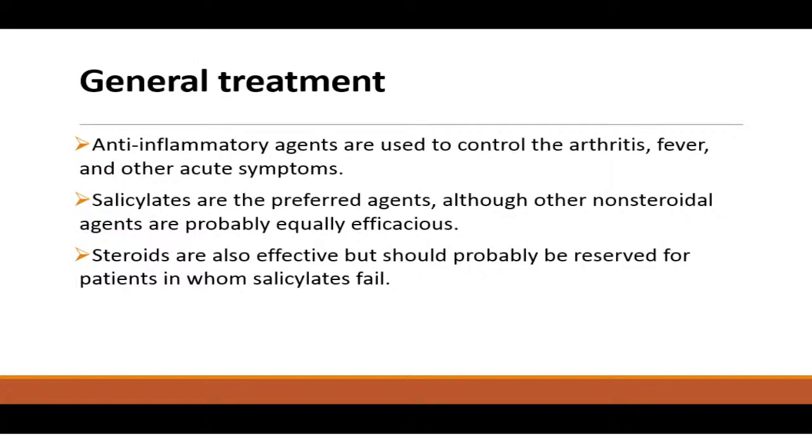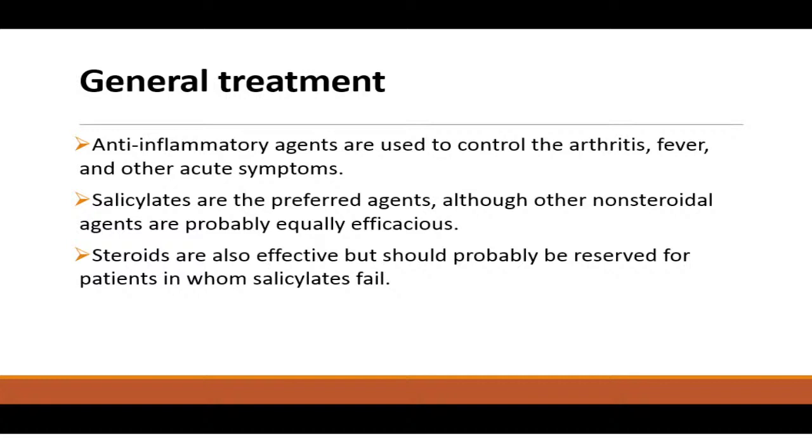For general treatment, to decrease inflammation and stop the rheumatic fever attack, we may use anti-inflammatory drugs, both non-steroid and steroid, depending on the activity of the process. We may use anti-inflammatory agents to control arthritis, fever, and other acute symptoms.